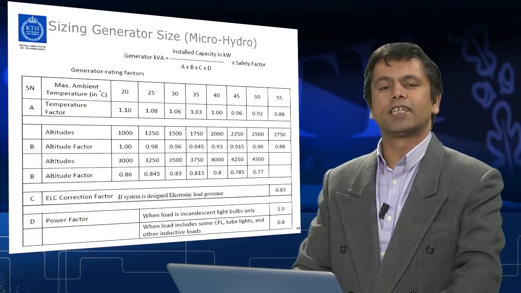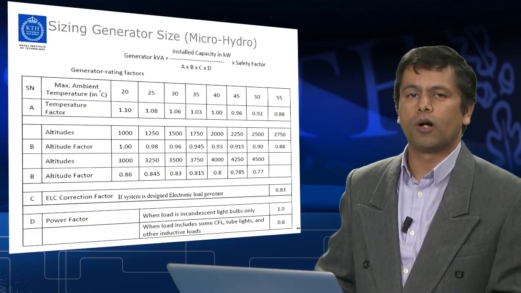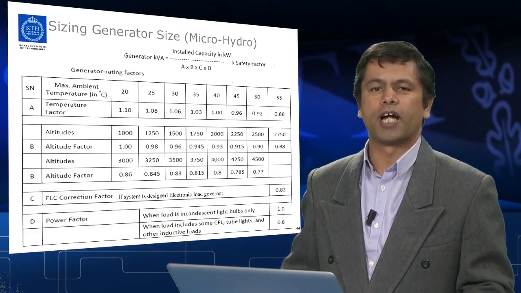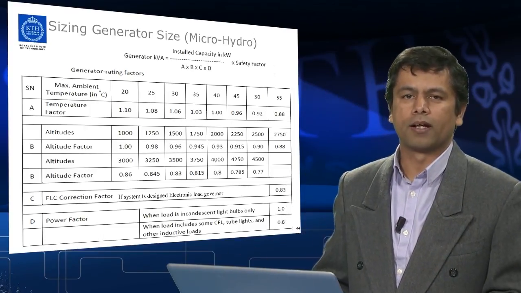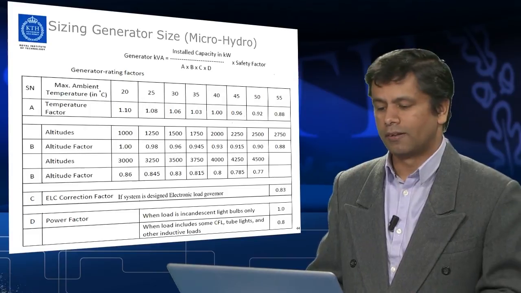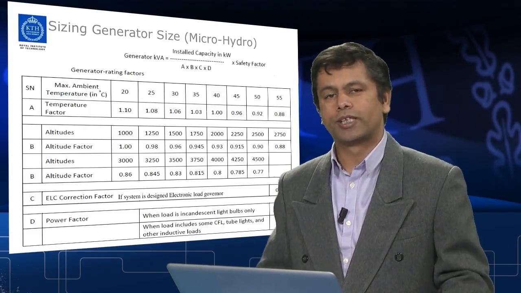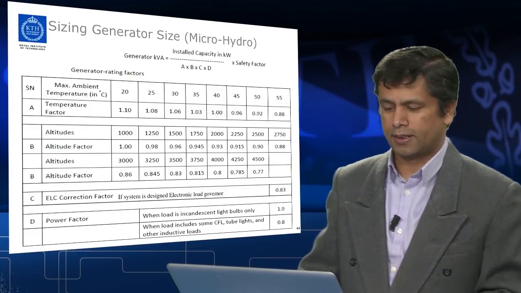Now, sizing the generator. Once you know how much power you are going to get from the hydropower, and if you are installing a power plant of 50 kilowatts, then how do you select the generator kVA size?